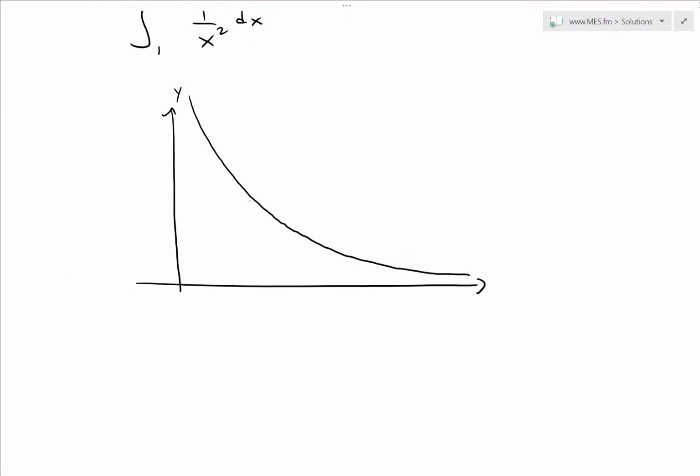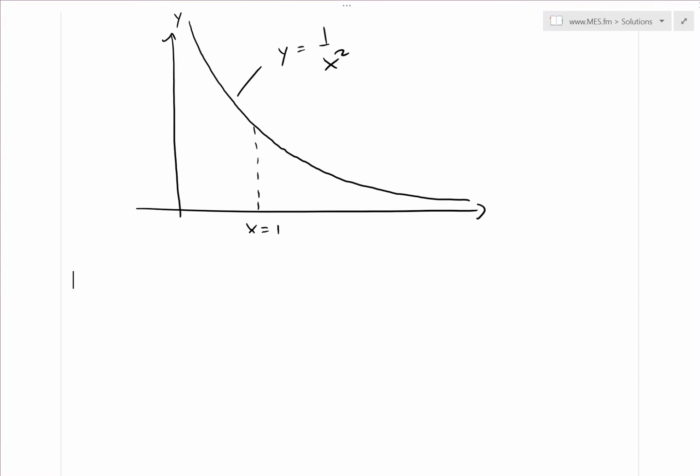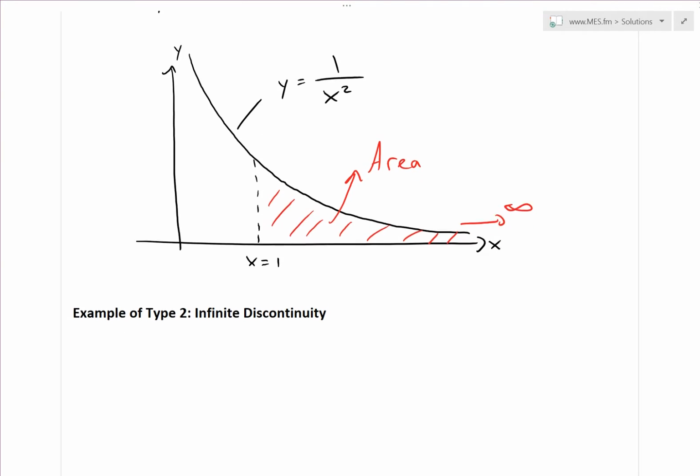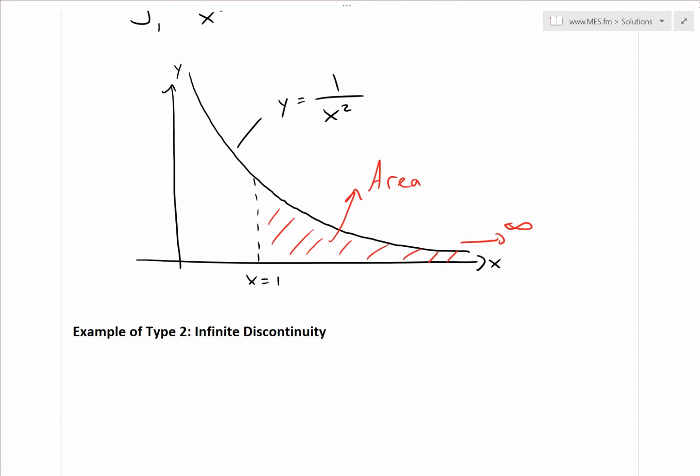If this is x equals 1, the area we want is this area here, in red. This is the integral, and again, it's an infinite one because it keeps going on and on all the way to infinity.